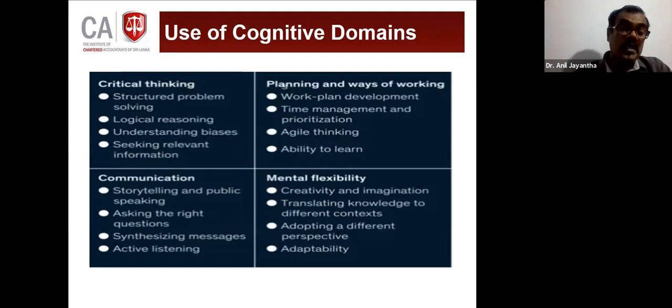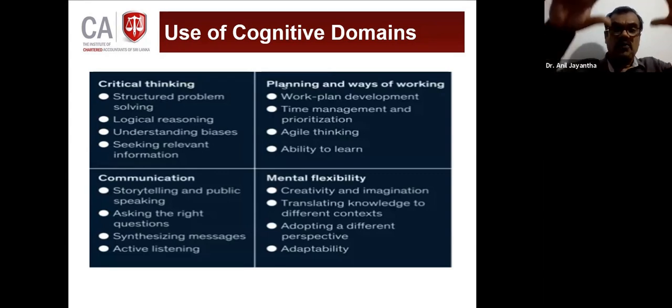But as far as your examination is concerned, you are responding to the asked questions, right? Then synthesizing messages. That is also very, very important. There are so many things together, so information overload is there. Synthesize. For example, in the pre-seen, lots of information may be given.